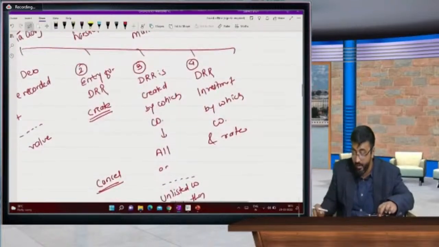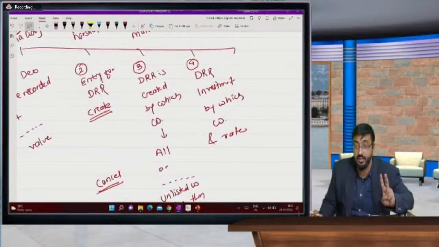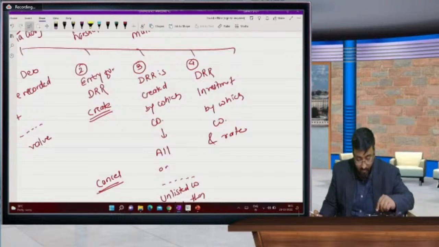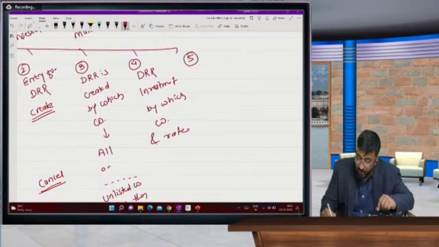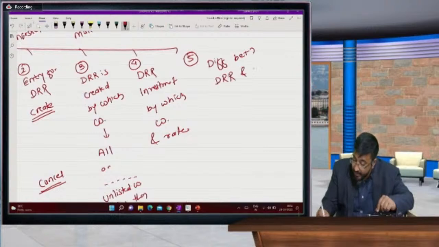And rate. So there are two questions. Which company and rate. And fifth question. Difference between DRR and CRR.